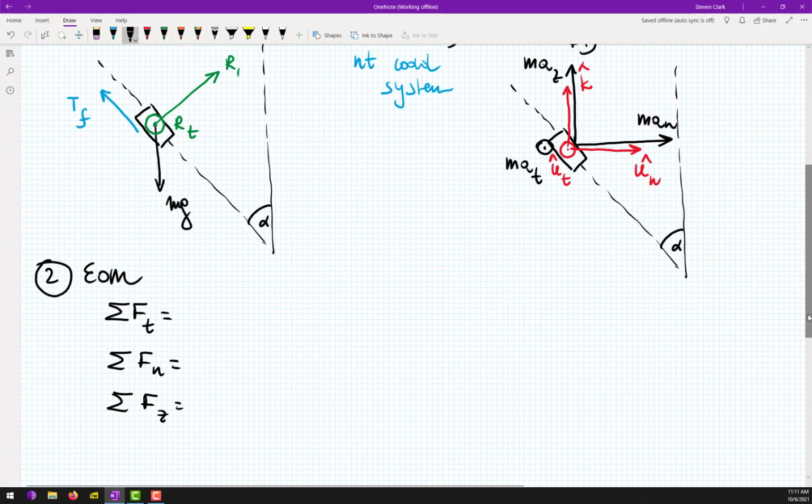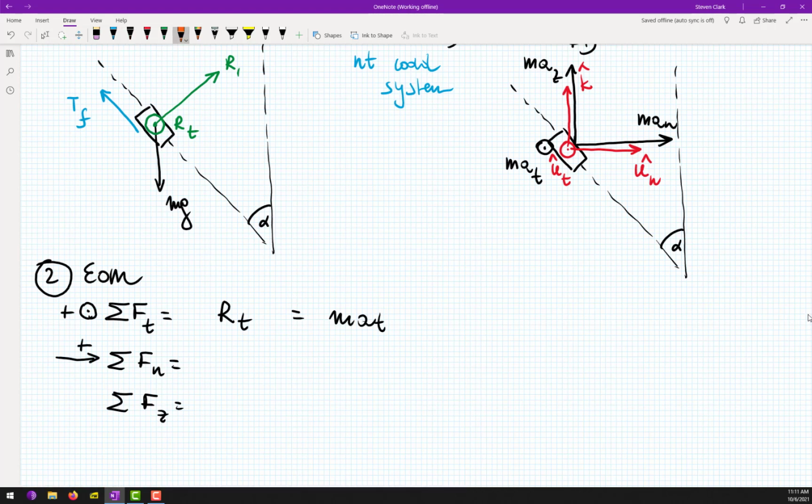So in the t direction, oh no, I have to project, yes? Oh no, not really. In the t direction, there's only one force, it's RT. RT is equal to MAT. And this is positive direction, by the way. Now N has this direction as positive, yes? So now we have to do some projections.